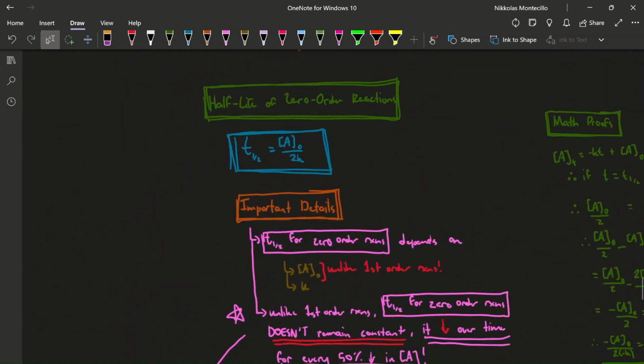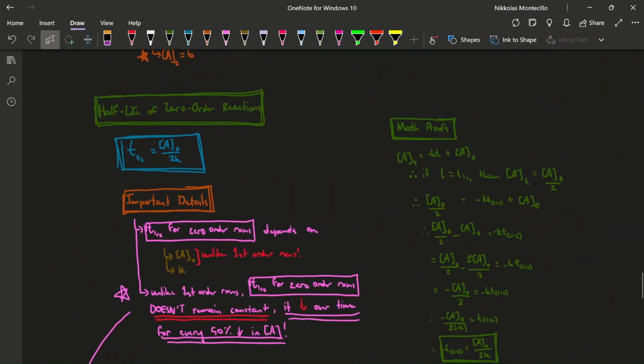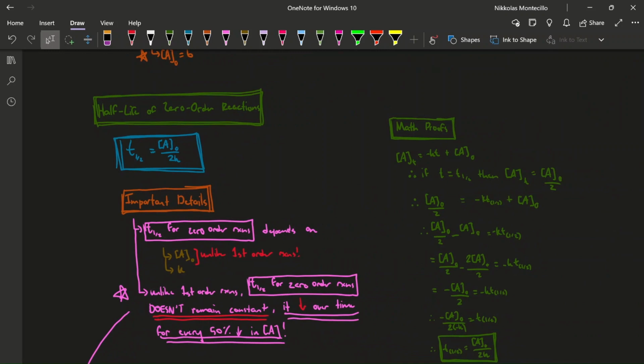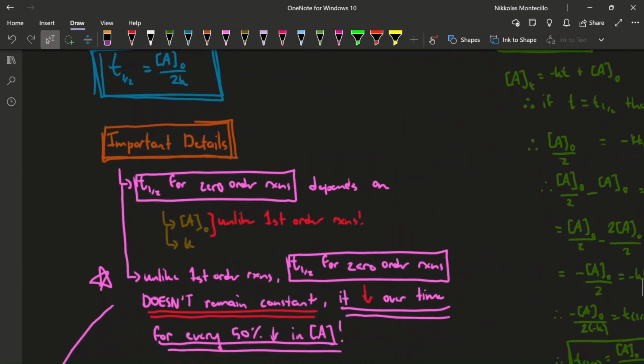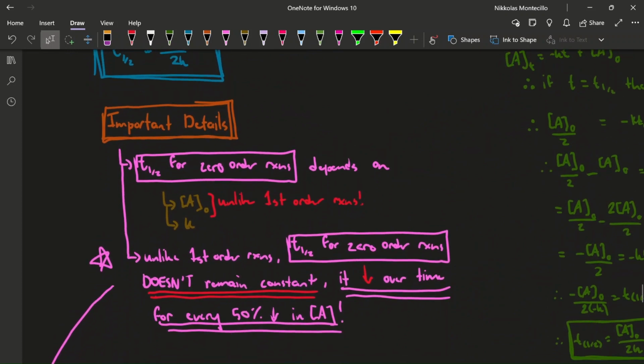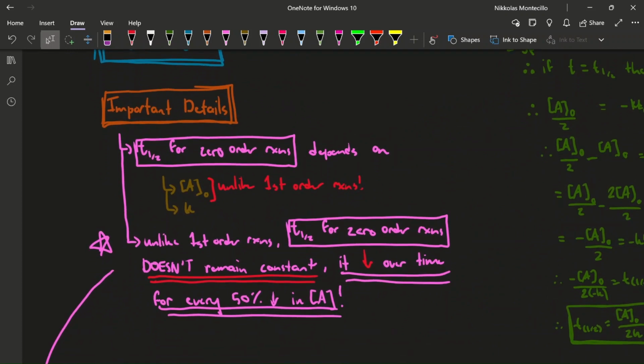Now, let's go into the discussion of half-life of zero-order reactions. The half-life for zero-order reactions is equal to the initial concentration over 2 times the rate constant. So, very important details that we need to know. The half-life for zero-order reactions depends on the initial concentration and K, right?